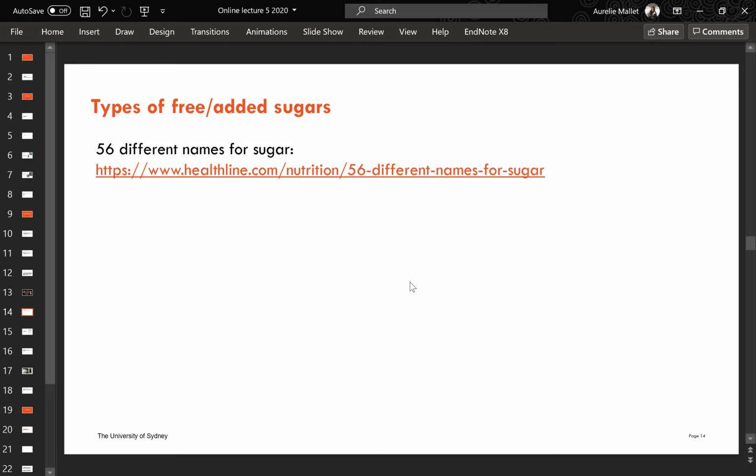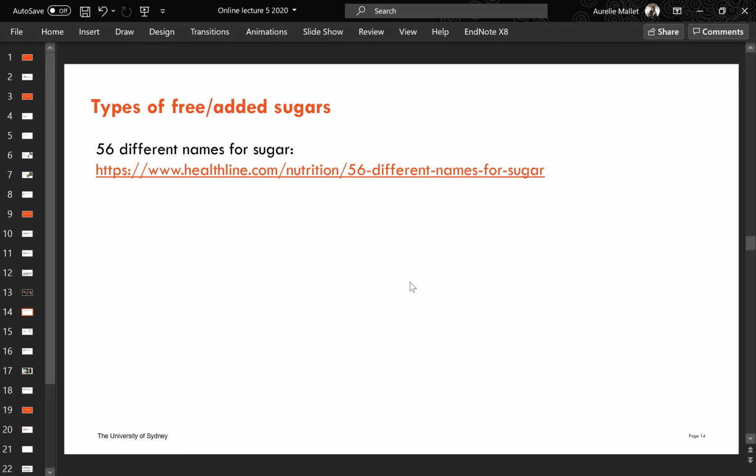So now that we've talked about free sugars or added sugars, we also need to know that there are actually a lot of different names for sugar out there. I thought that I would show you this because, if we are going to be creating materials, we need to educate people that added sugars come under so many different names.